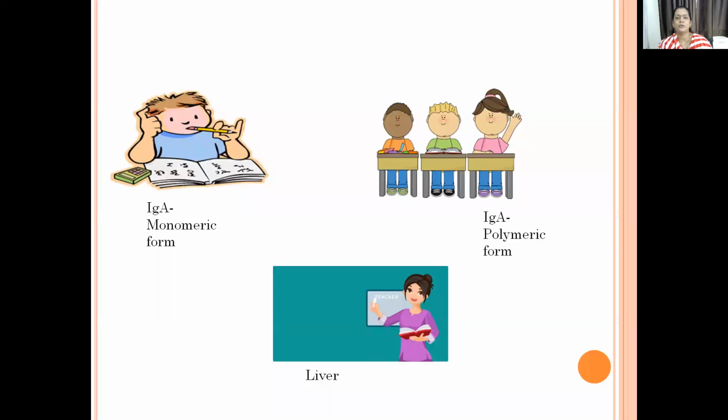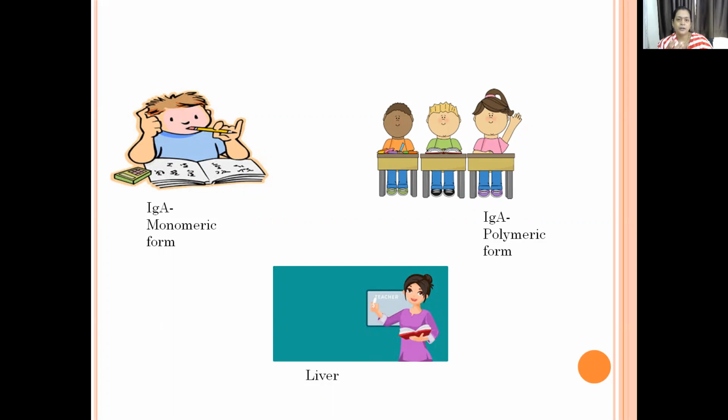You don't know who is good and who is bad, but as you get along, you try to mingle with other students. So IgA now becomes a polymeric form, with a group of students.